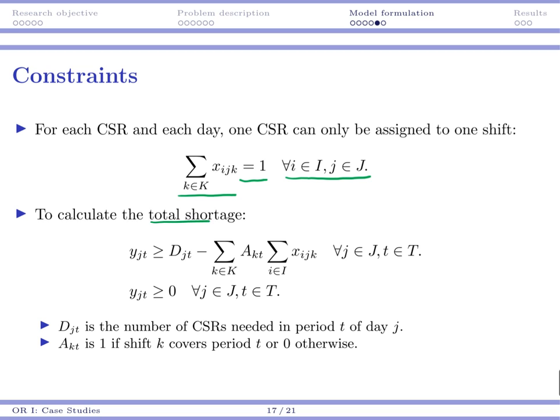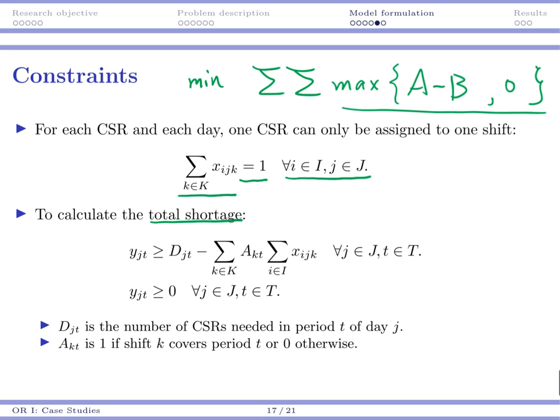If we want to calculate the total shortage, what should we do? Don't forget that previously we said we want to minimize the sum of Yjt, alright? And why is that? For each period in each day, what we are actually doing is the maximization of a minus b and 0, as previously explained.